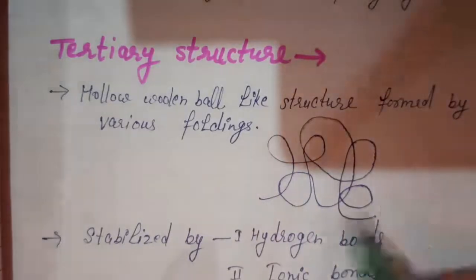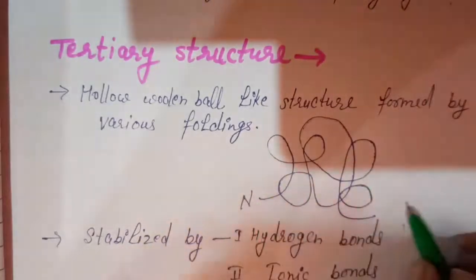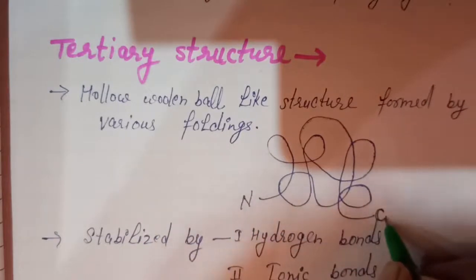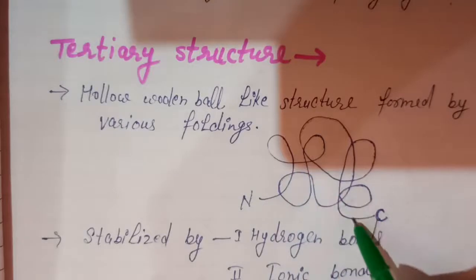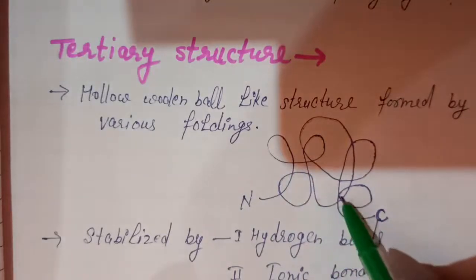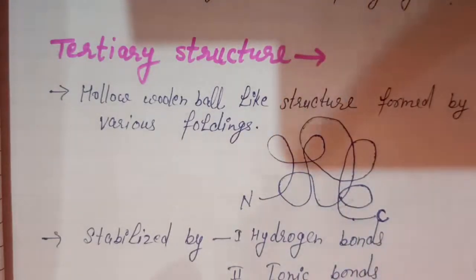Here this is N-terminal and this is C-terminal, because this is a polypeptide chain which is folded like this to form a hollow woolen ball. Okay, and this structure is called tertiary structure of protein.